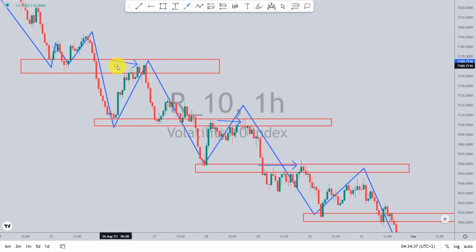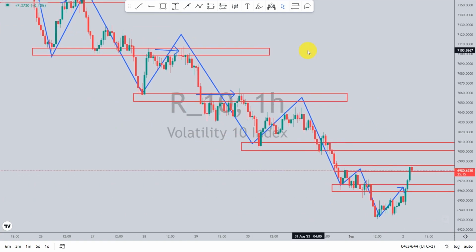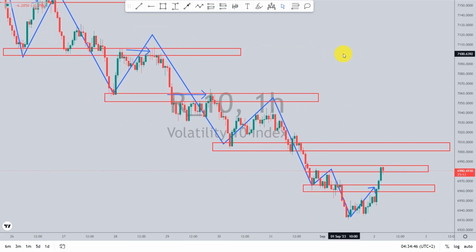We can see here we did have this doji candlestick as our reversal. So guys and girls, this is in a very short summary how the market structure moves in a downtrend direction.